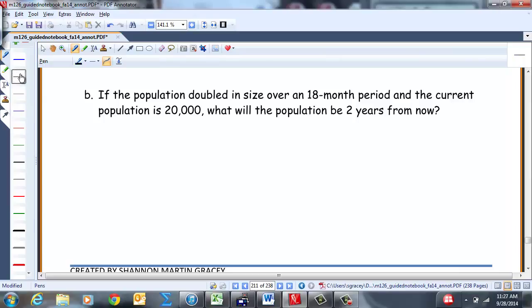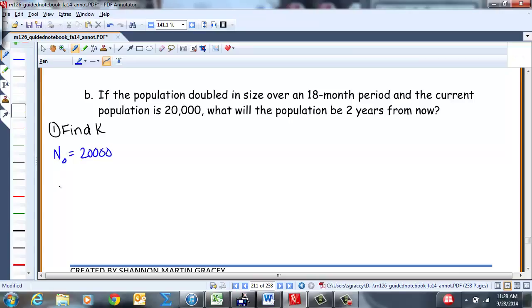So, okay, let's see what we got. Again, we need to find k. So we know that N0 is 20,000. So what is double 20,000? Good, 40,000.